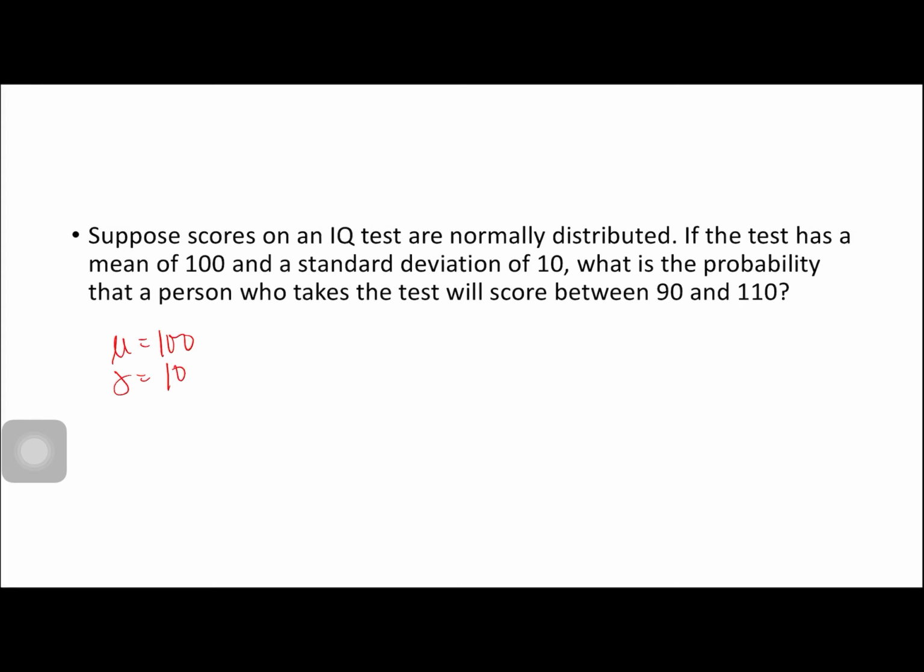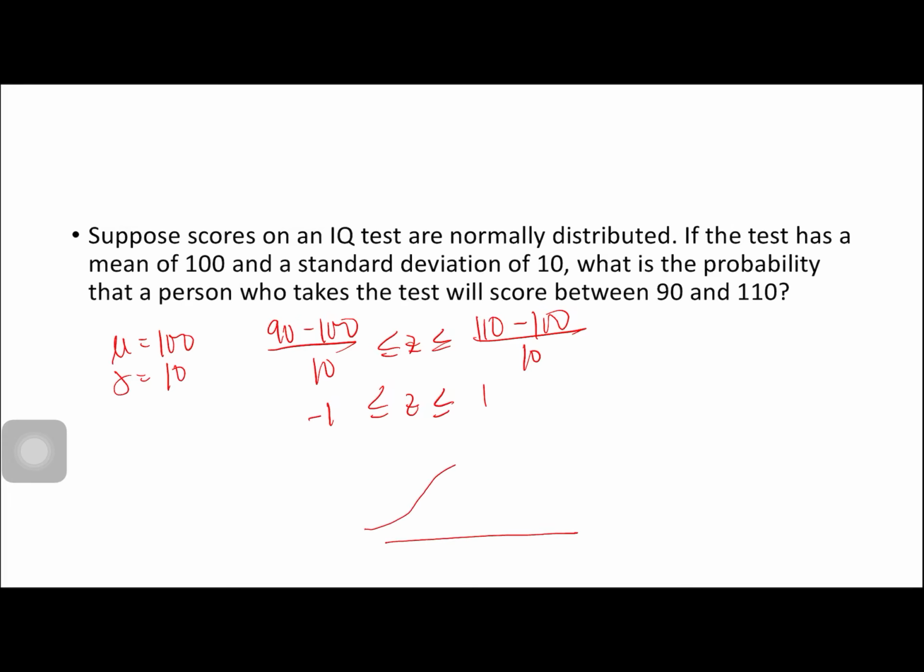Okay? So we need to find the area between 90 and 110. So we have here 90 minus 100 over 10 is less than or equal to z is less than or equal to 110 minus 100 over 10.